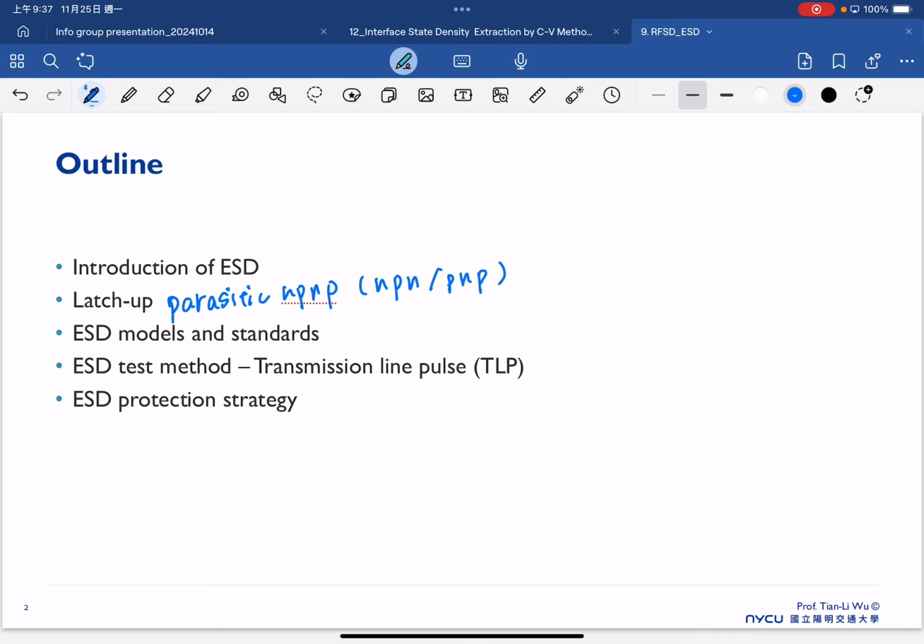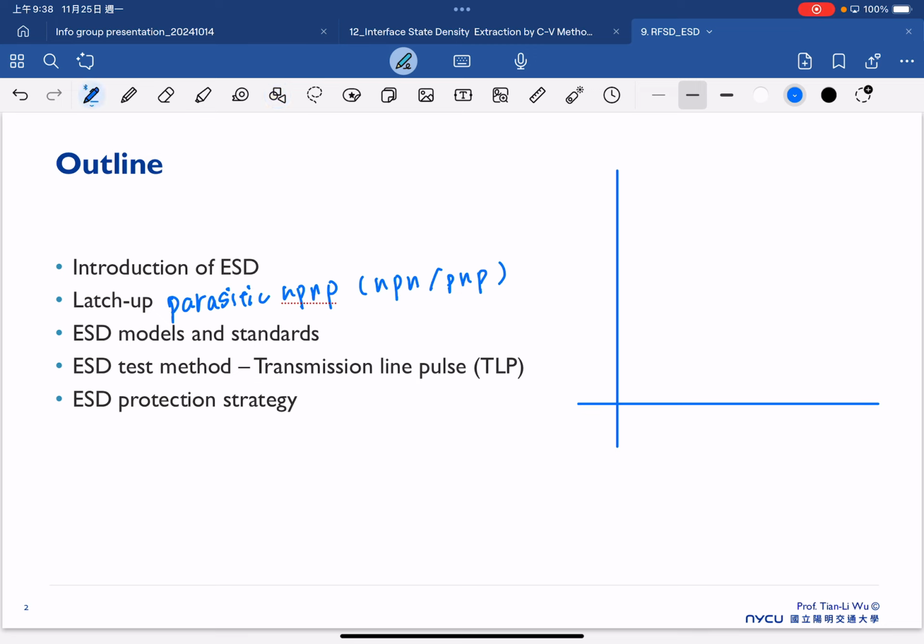As you may know, CMOS is a combination of NMOS and PMOS. Inside the NMOS and PMOS, we have lots of parasitic junctions, and these parasitic junctions in the end form the NPN or PNP parasitic BJT that can cause latch-up issues.